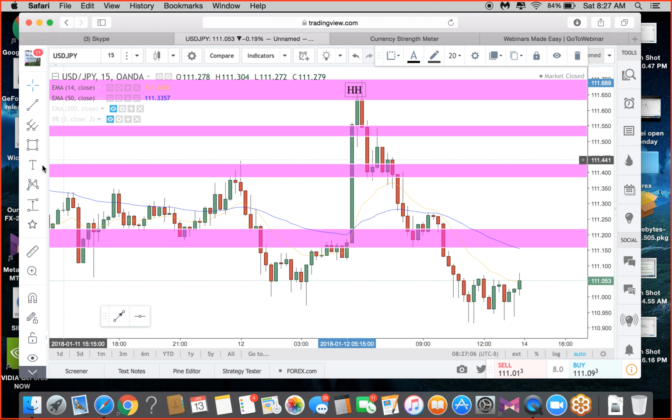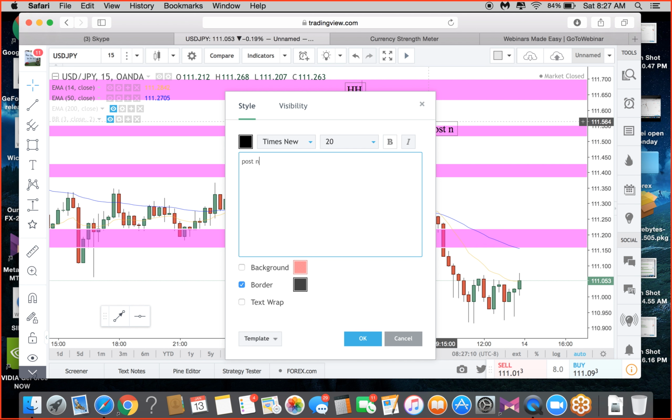So we've got a couple things. After news, so post news, 14 EMA magnet. That's a big deal. We know we're super far away. Price hit major resistance.